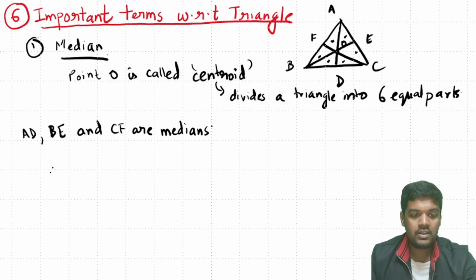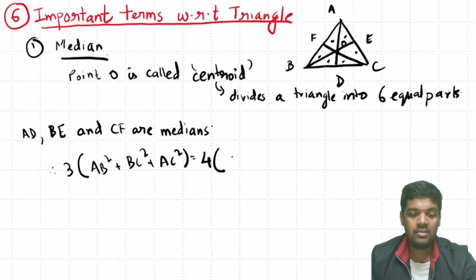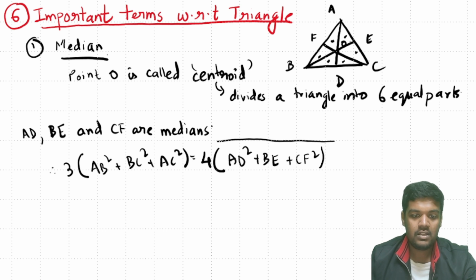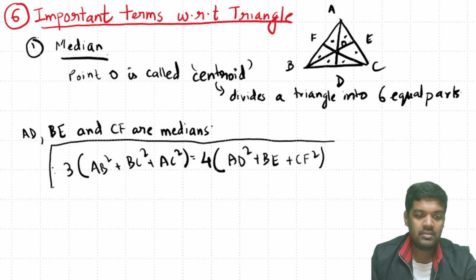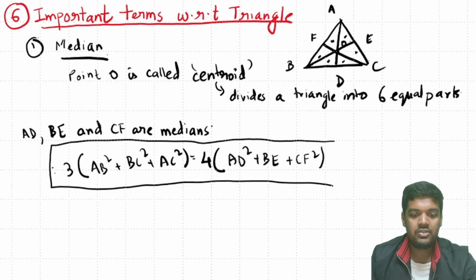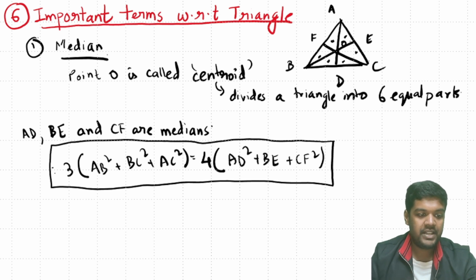So 3 into the sum of the sides squared, which is AB square plus BC square plus AC square, equals 4 into the sum of the medians squared, which is AD square plus BE square plus CF square. This is an important property. It's rarely asked, but I think you should still know it, कि medians की क्या property है with respect to its sides, right? So ये हुआ median का.